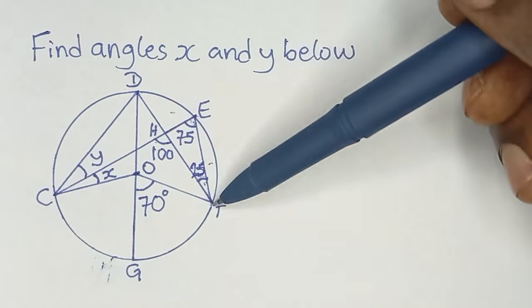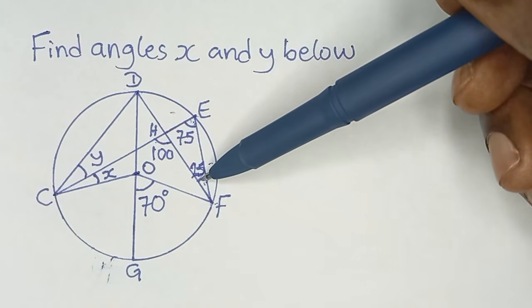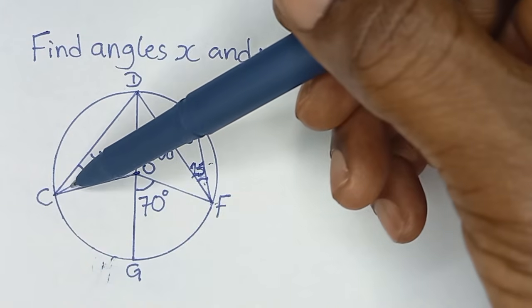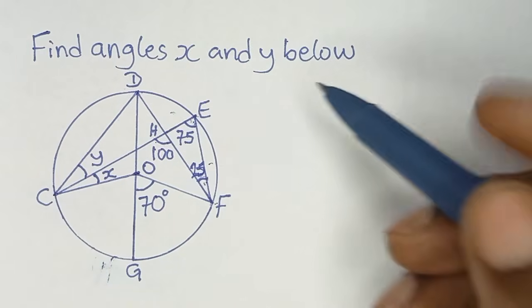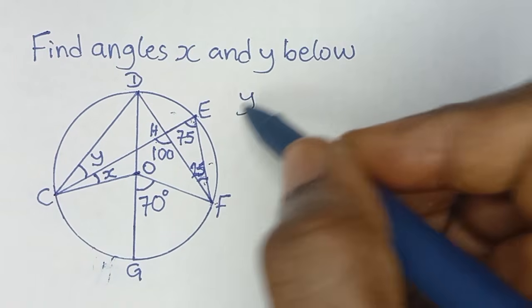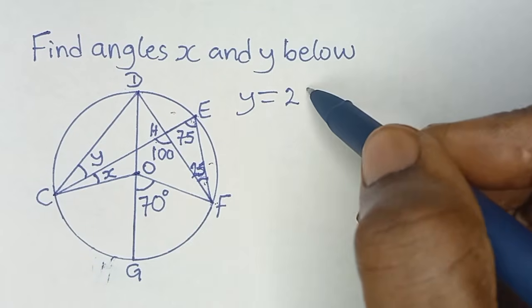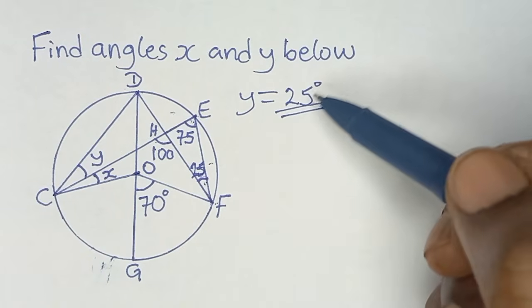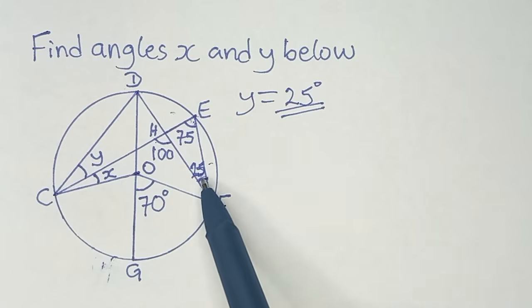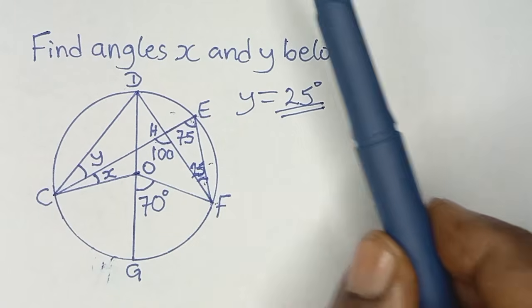I have a pair to this circumference here to form 25 and another pair at this Y here to form angle Y. So we can now conclude that Y is equal to 25 degrees. And the reason is that angles in the same segment are equal.